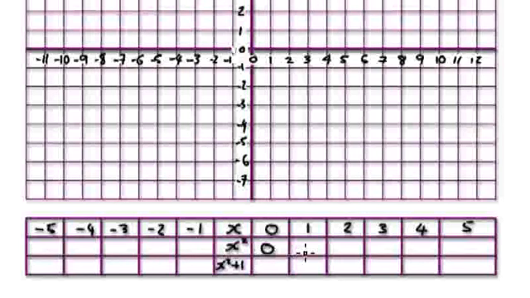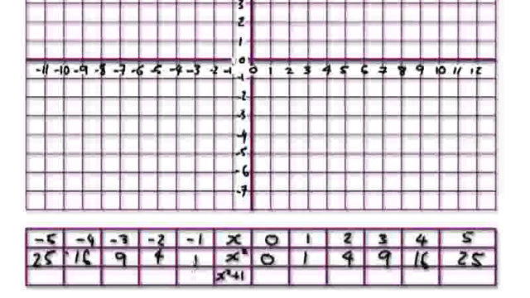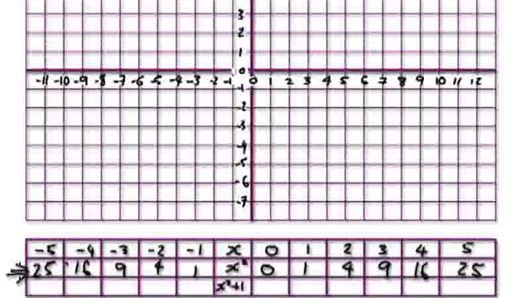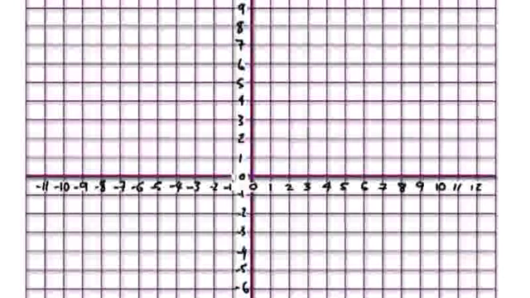When x equals 0, x squared is 0. When x is 1, x squared is 1. This would be 4, 9, 16, 25. Here it would be pretty much the same. When you plot this, it would look something like this.